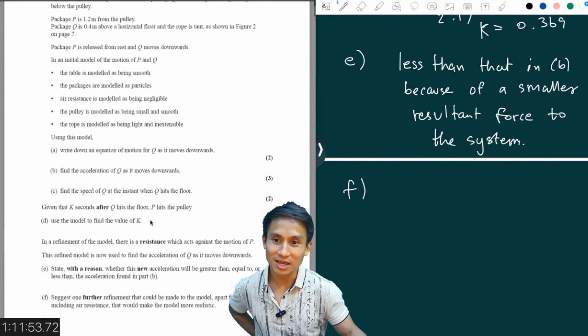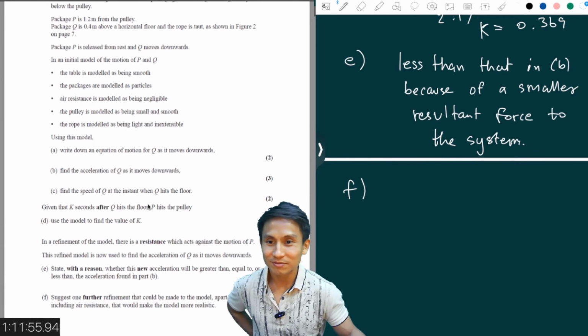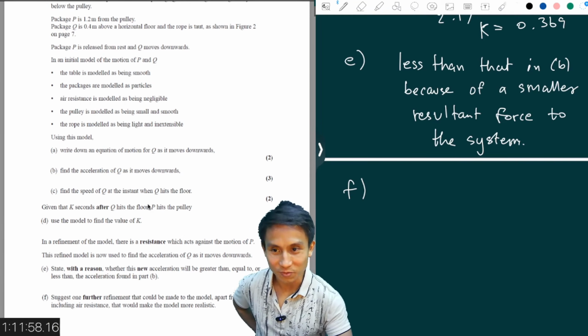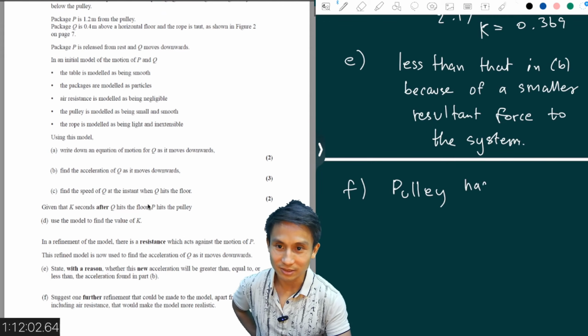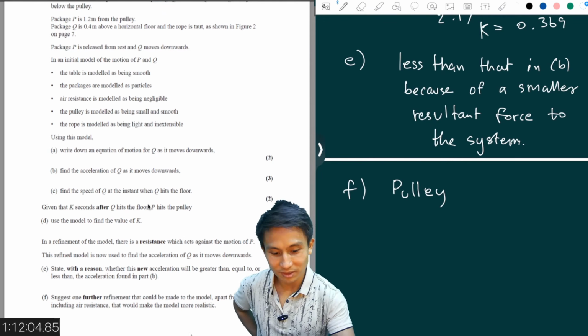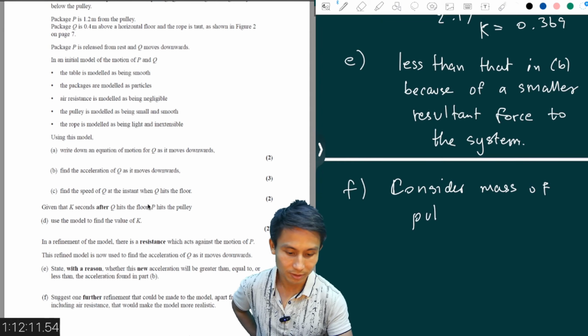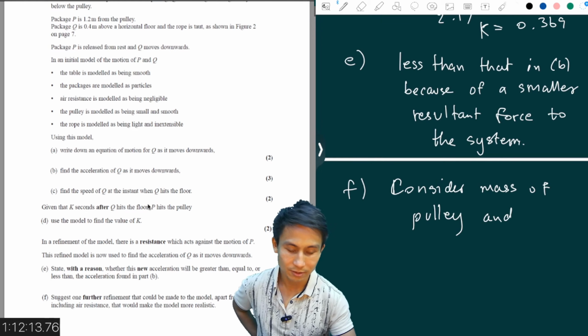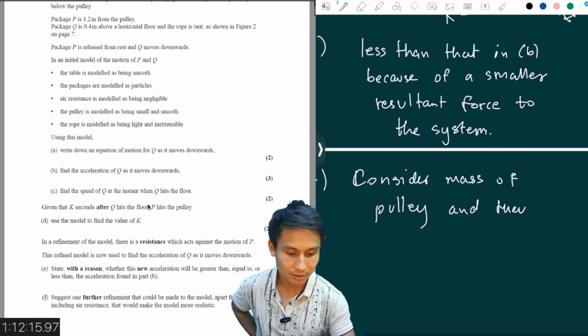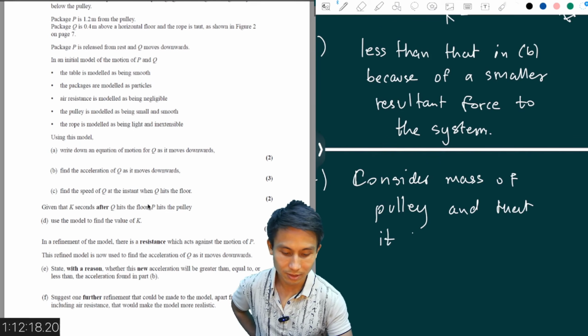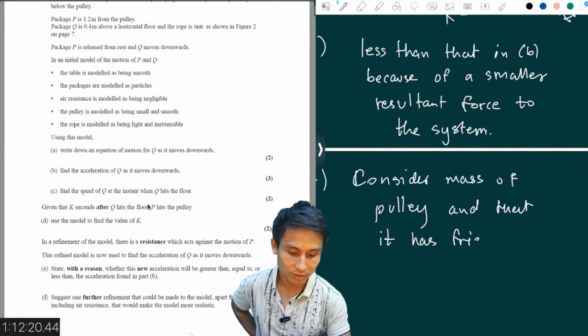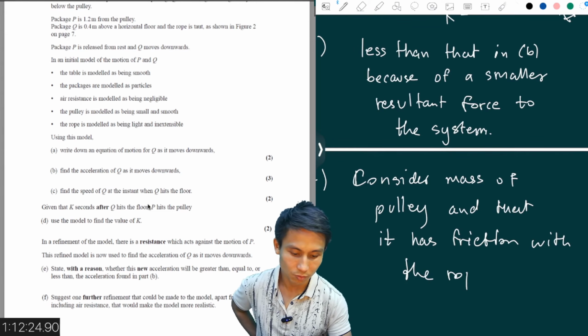I would say pulley is the key one. So we say the pulley has mass, consider the mass of the pulley, and that it has friction with the rope.